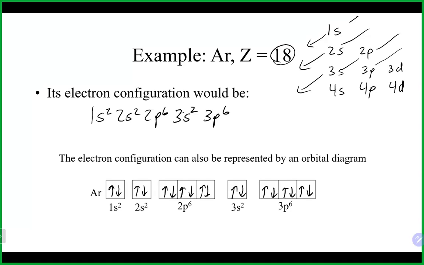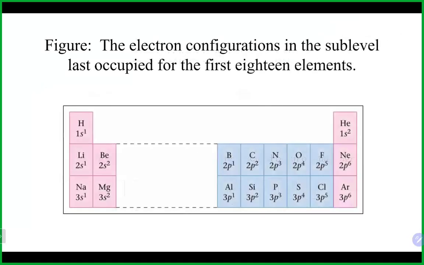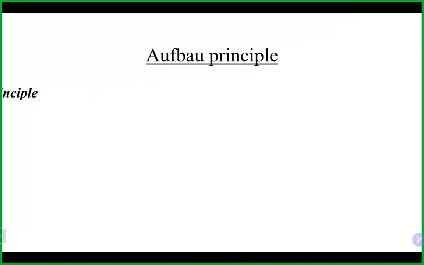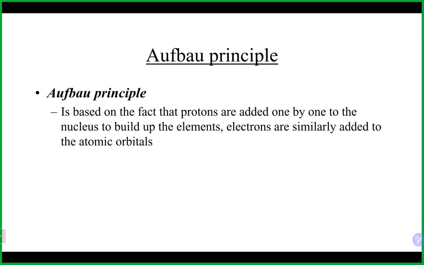So if we look at, for example, the electron configuration for potassium, which is number 19, the way electrons are added to the atom is in this buildup principle, known as the Aufbau principle, and that's how protons are added to the atom one at a time in the nucleus.